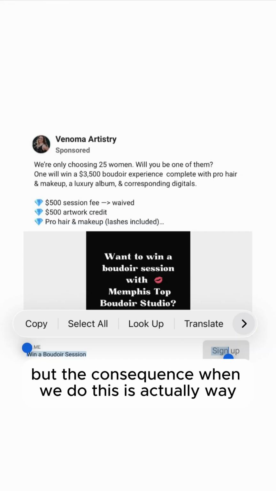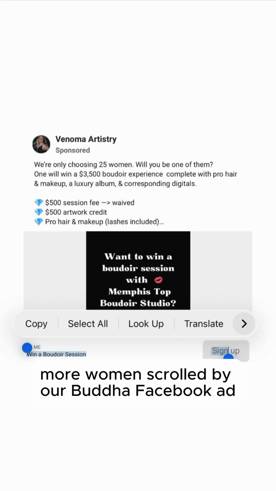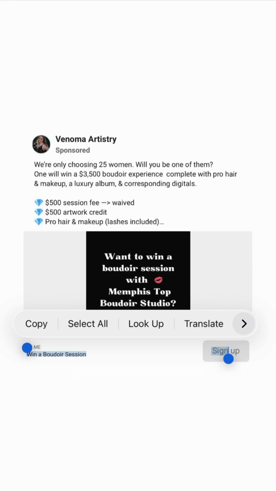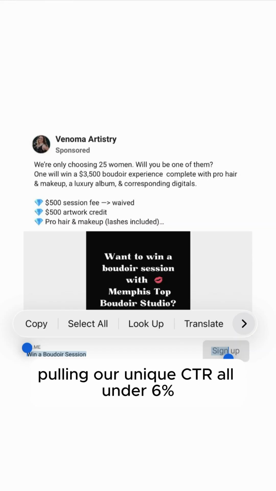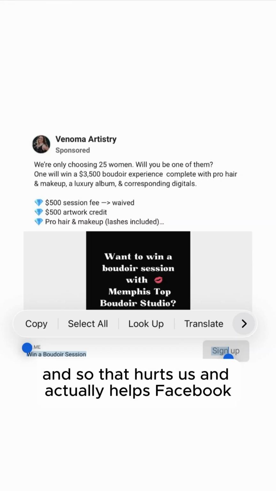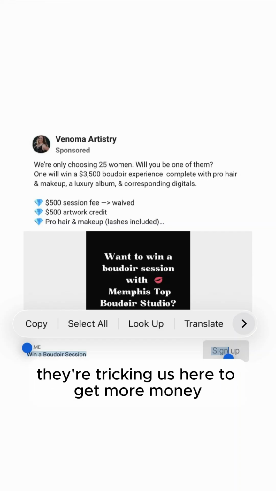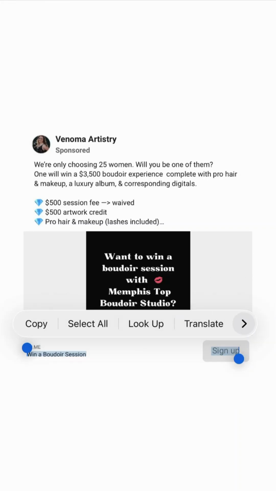But the consequence when we do this is way, way, way more women scroll by our Boudoir Facebook ad than necessary, pulling our unique CTRL under 6%, contributing to BLCS, Boudoir low-click syndrome. And that hurts us, and it actually helps Facebook because Facebook can serve more ads per unit time. So Facebook's hustling us, they're tricking us here to get more money.